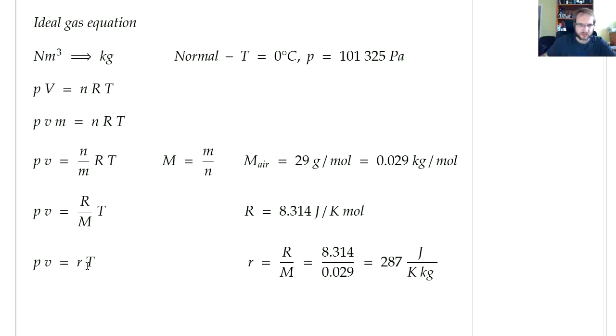So now we know the temperature, we know the pressure, we have the specific gas constant, and we can get the V as specific volume.